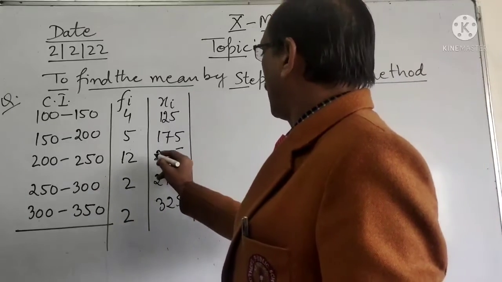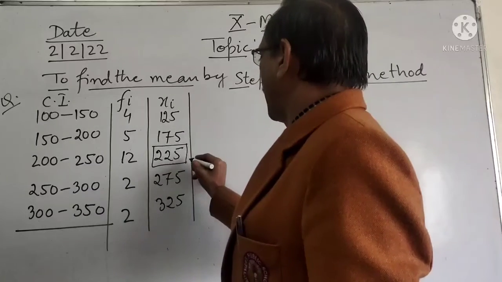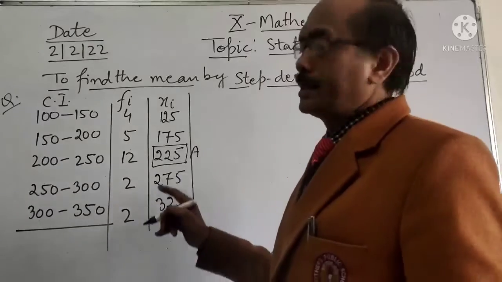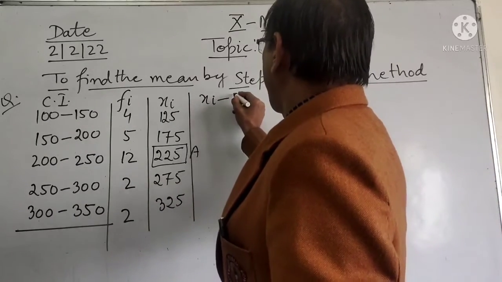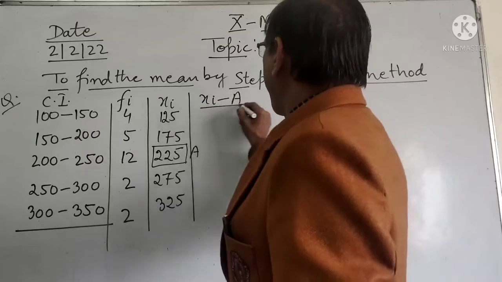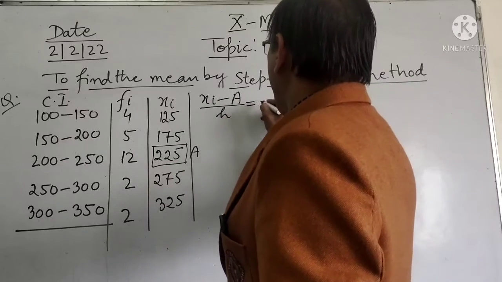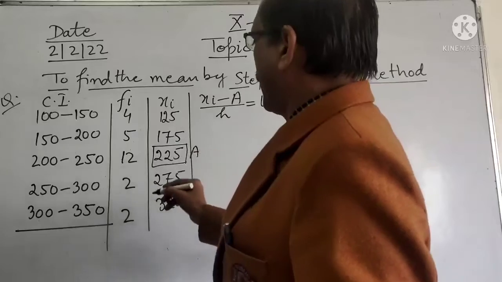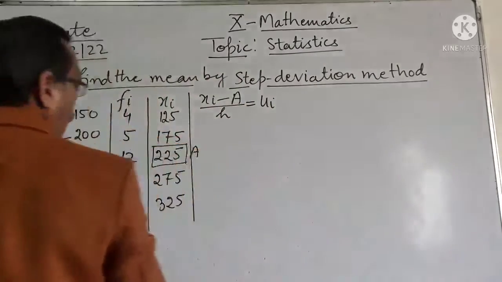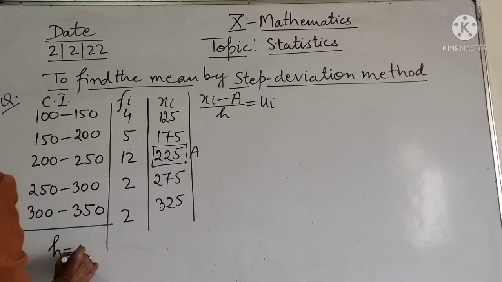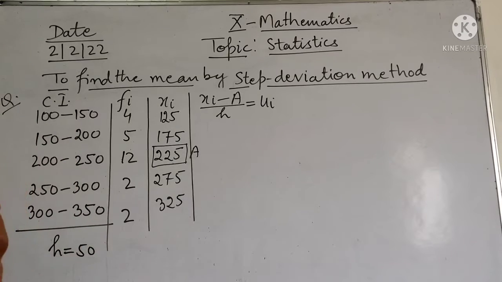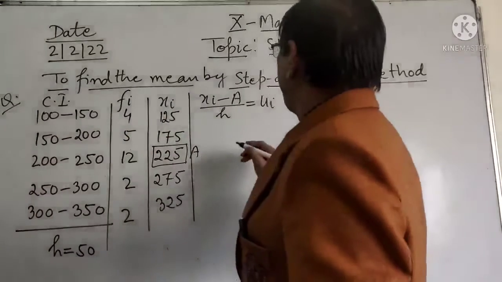Now let us suppose this as the assumed mean A. Then (Xi minus A) upon h is called ui, and here h equals 50.